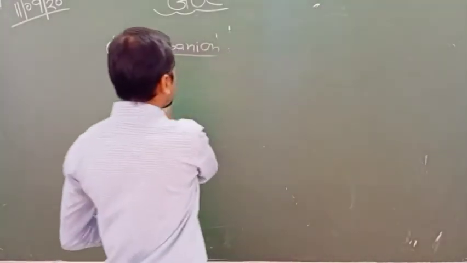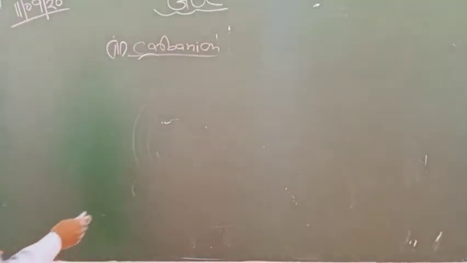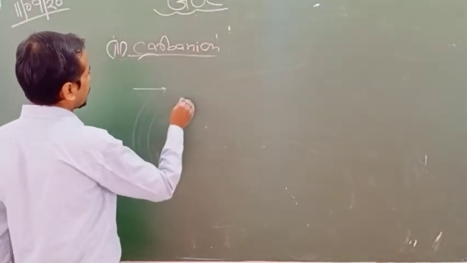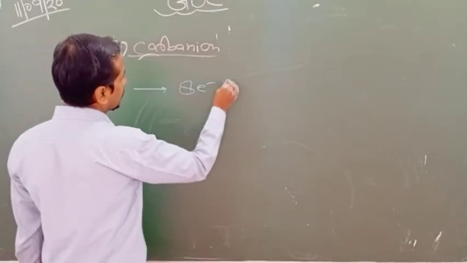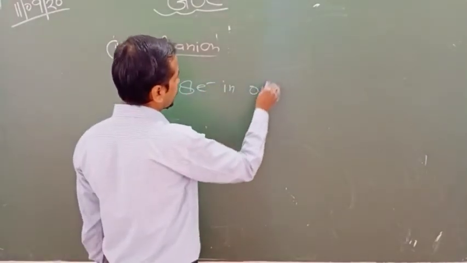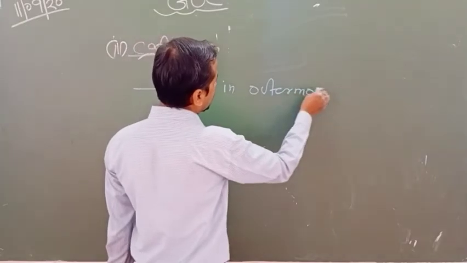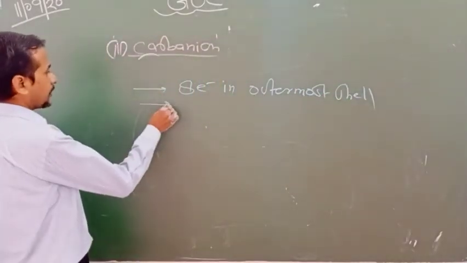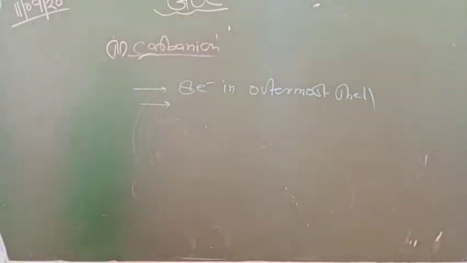Now let us focus on some properties of carbanions. First of all, there is a lone pair in the outermost shell. That is a complete octet, but even then they are highly reactive due to the presence of the lone pair.